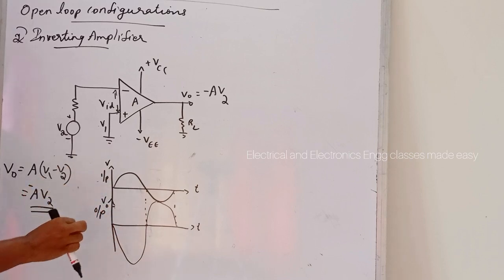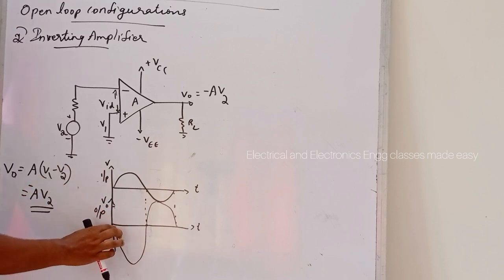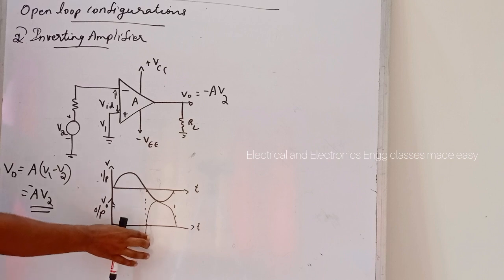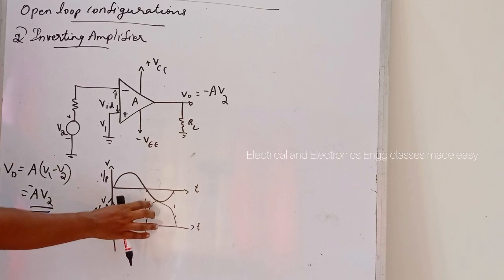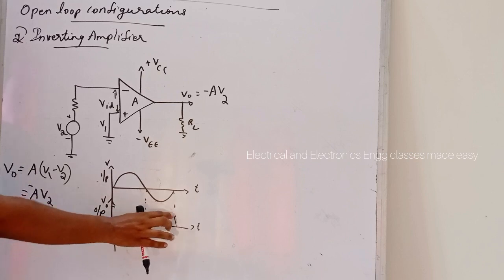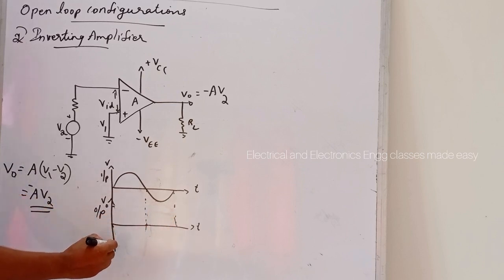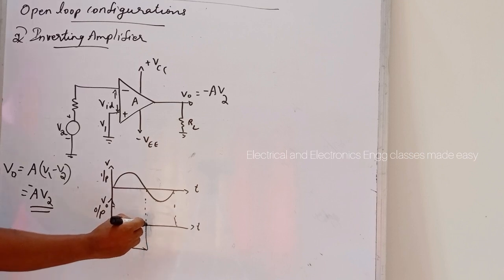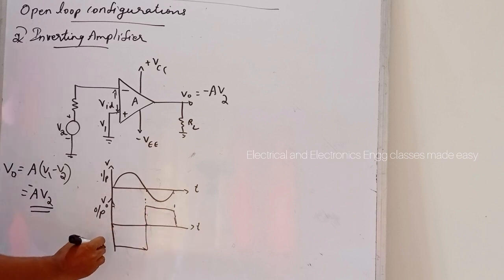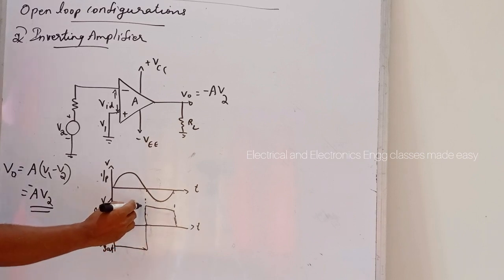But here in open loop configuration, we will get the output at plus VSAT and minus VSAT only. So the output waveform will be like this. That is, it will be at minus VSAT and also at plus VSAT.